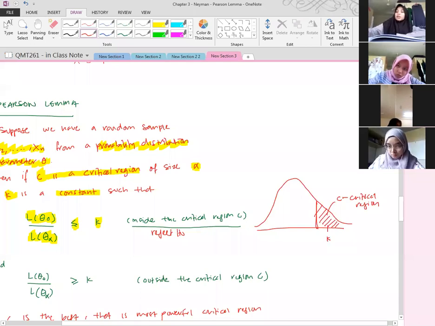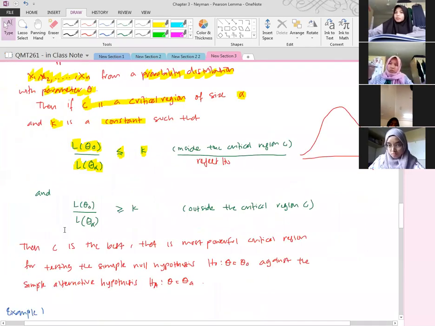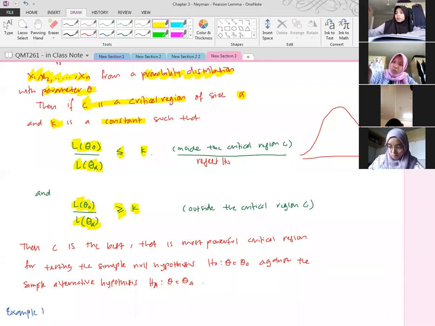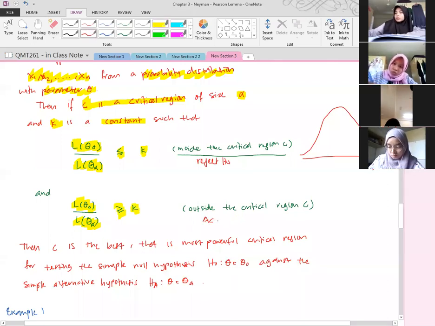So we want to find the value of K, the critical value. If the likelihood function for theta naught divided by the likelihood function for theta A is more than K, it is said to be outside the critical region, which means we are going to accept the null hypothesis.